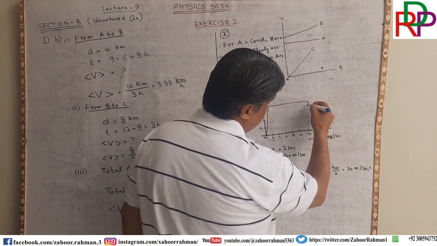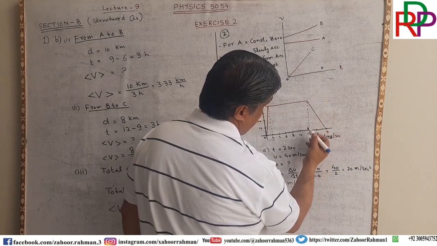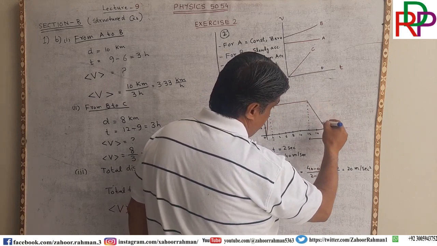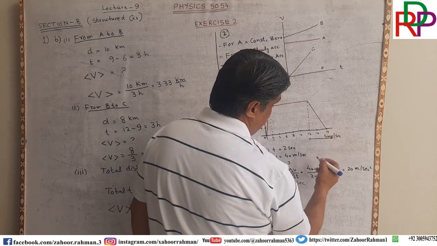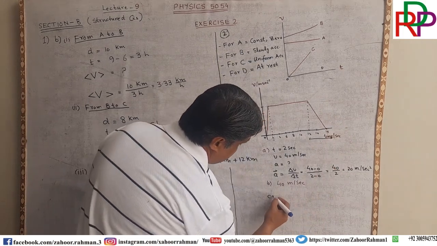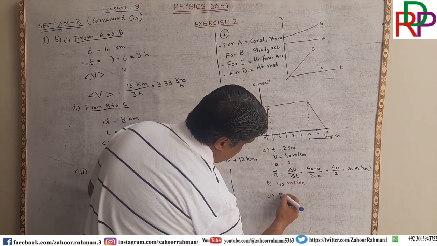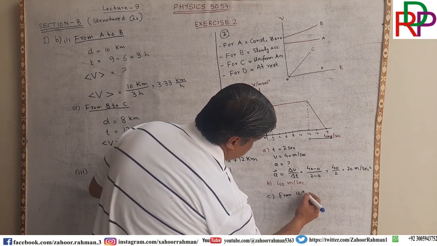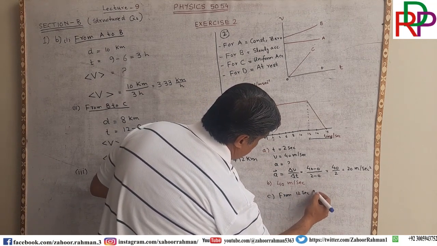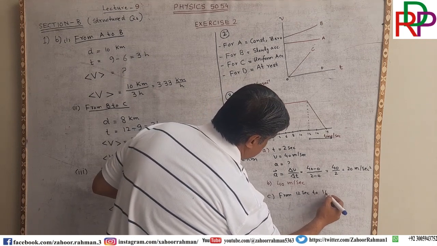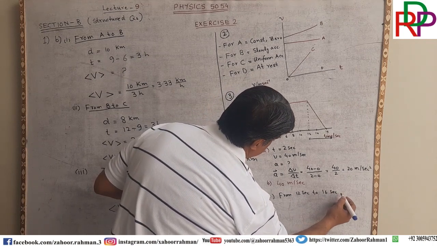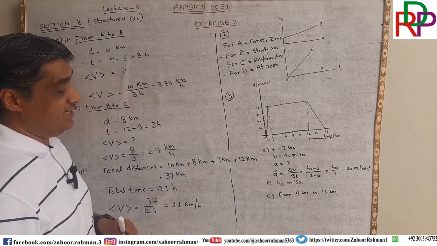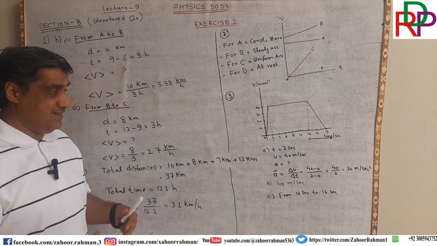From here it is starting, which is 12, and it is going down. So the C part answer is from 12 seconds to 16 seconds the train is retarding.